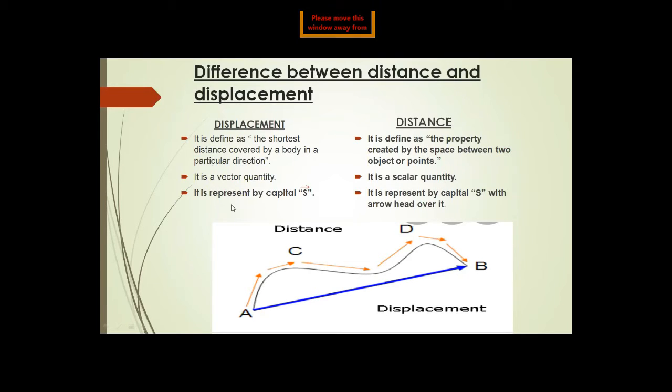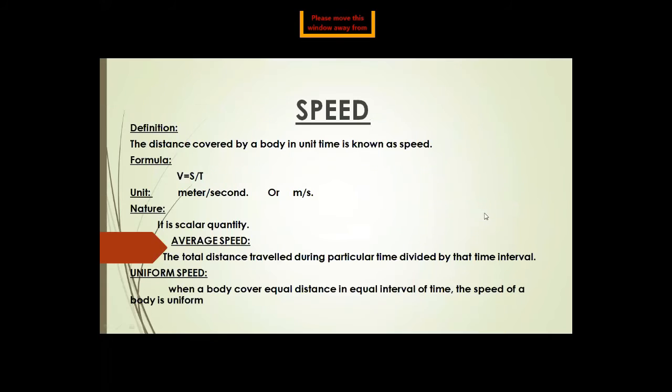Now the third point of the displacement is it is represented by S with an arrow, while distance is represented by only capital S without arrowhead.